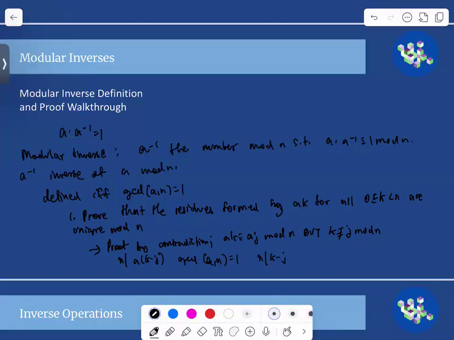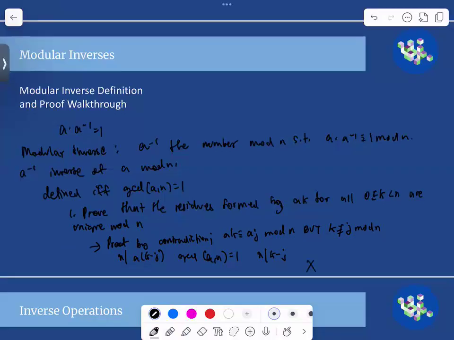And they're both between 0 inclusive and n exclusive, so their difference cannot be divisible by n no matter what. And so we achieve a contradiction, and so the modular inverse exists, essentially.